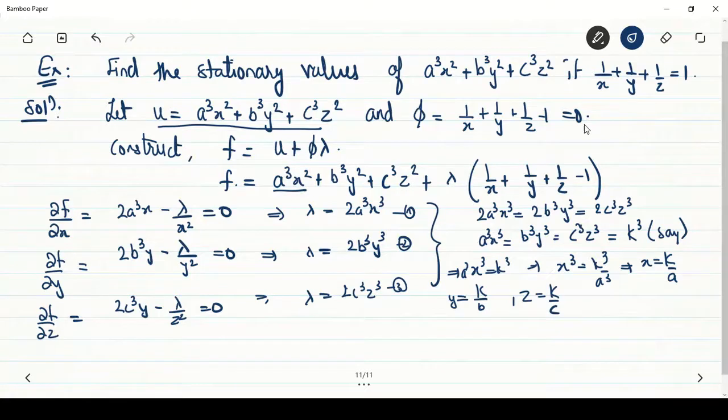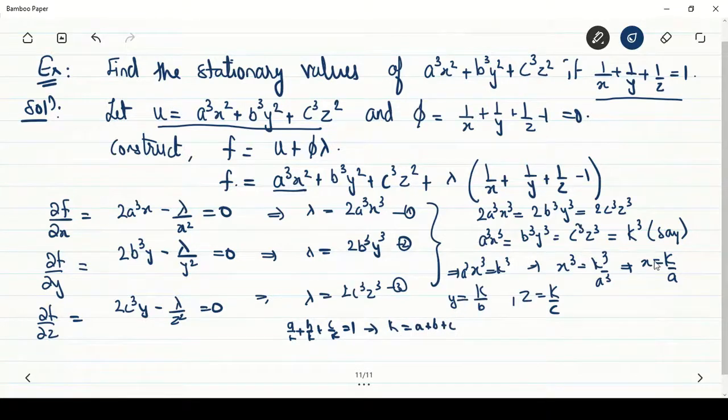Now all these x, y and z are related by the given equation. Substituting the values of x, y and z in 1 upon x plus 1 upon y plus 1 upon z equals 1, we get a upon k plus b upon k plus c upon k equals 1. So we get the value of k as a plus b plus c.